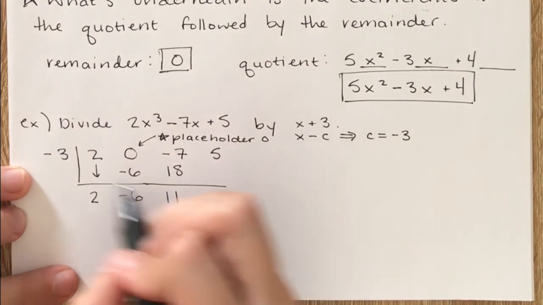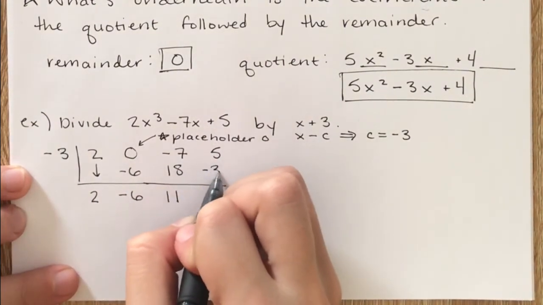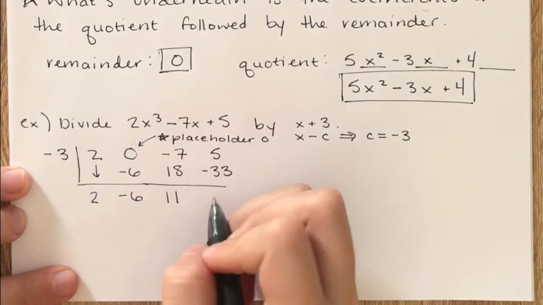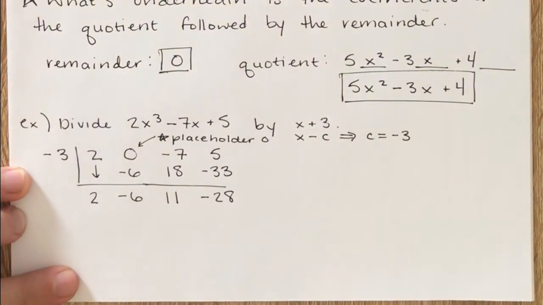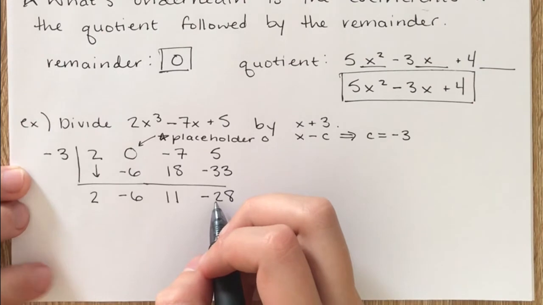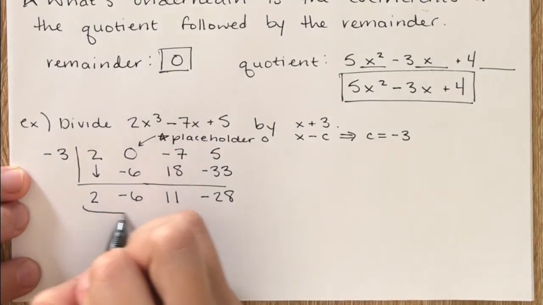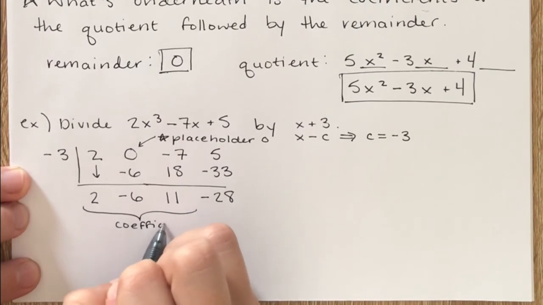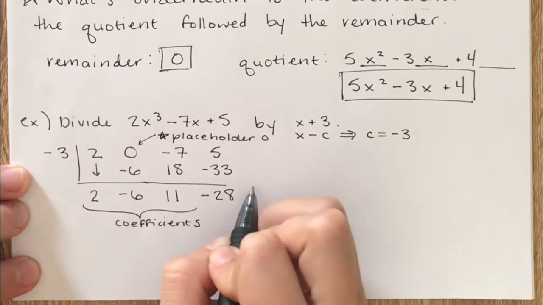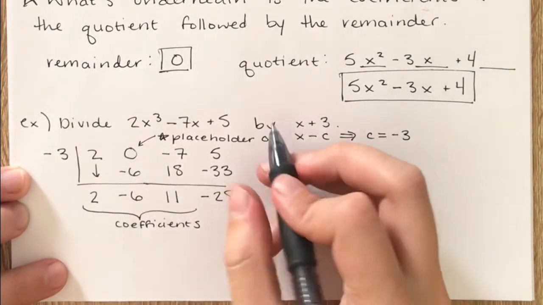And then 11 times -3 gives us -33. -33 plus 5 is -28. So again, these are our coefficients, and this is my remainder.